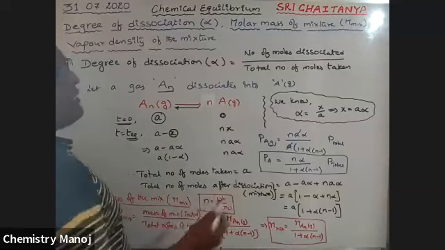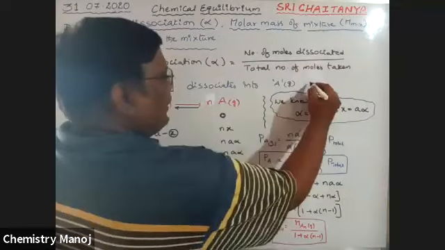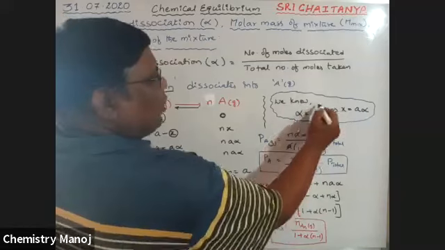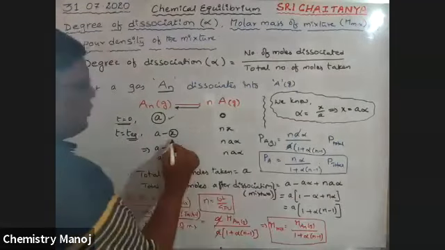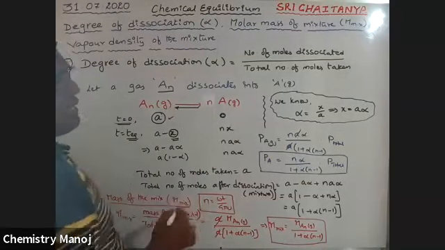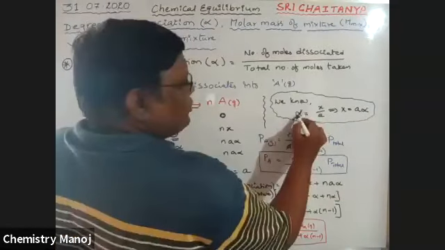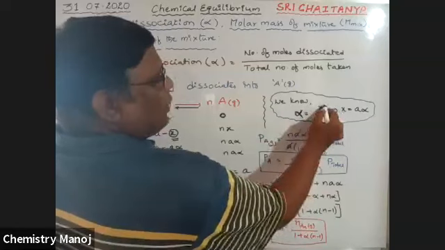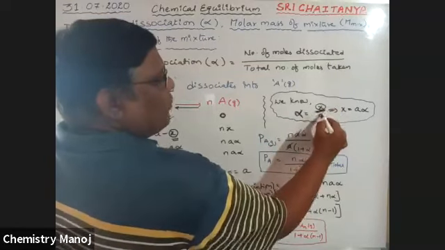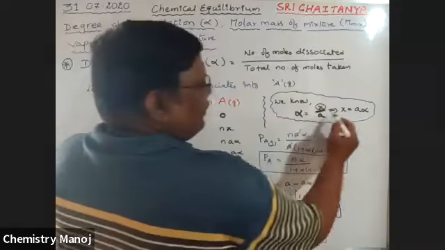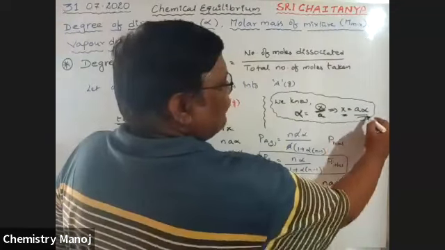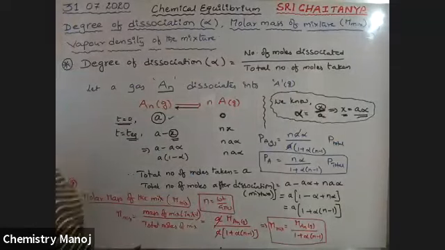X is nothing but, see boys, for how many moles are actually taken? Initially a moles are taken. How many moles are dissociated? x moles are dissociated. Therefore, degree of dissociation alpha is equal to the number of moles dissociated by the total number of moles taken. That implies x is equal to a alpha.